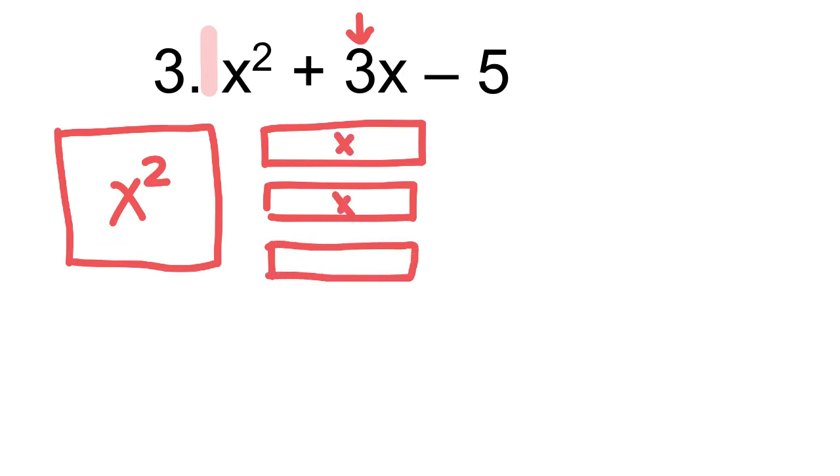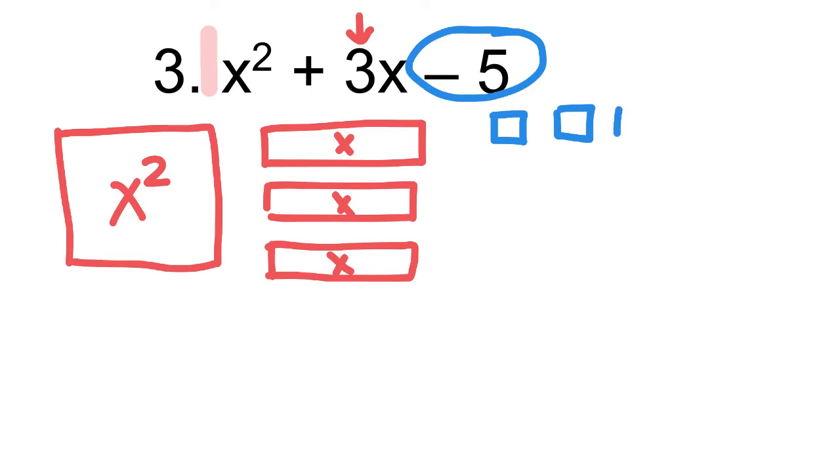So 1, 2, 3 x's. 3 times x. And then lastly, we have the term negative 5. So we're going to have 5 unit squares. However, it's a negative 5. So to represent negative 5, we will shade in all of the squares.